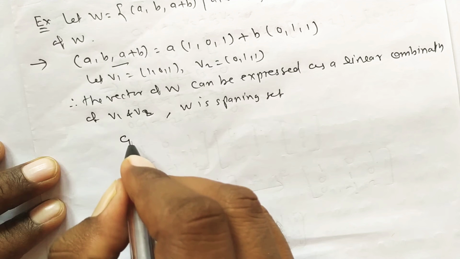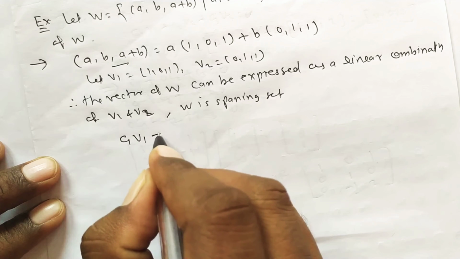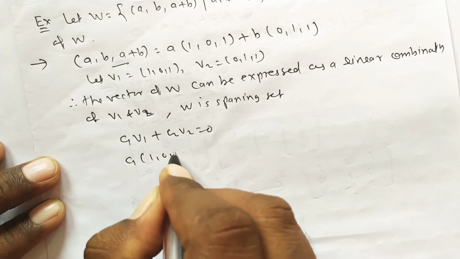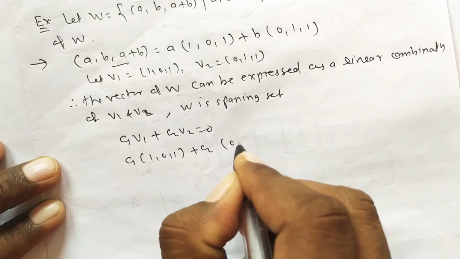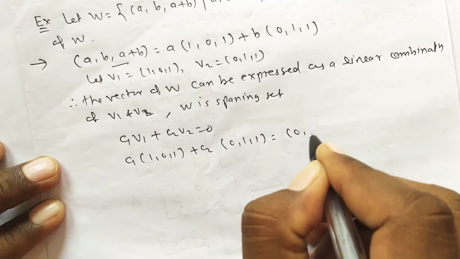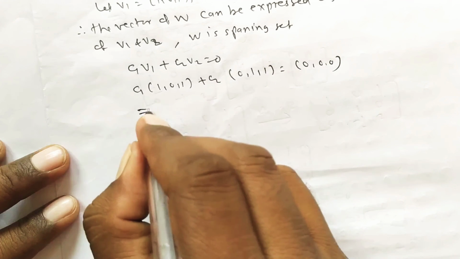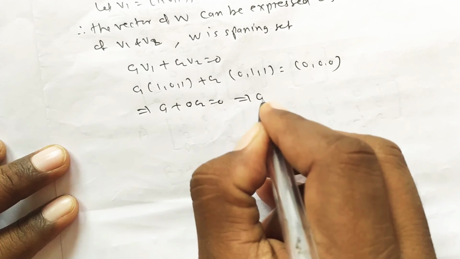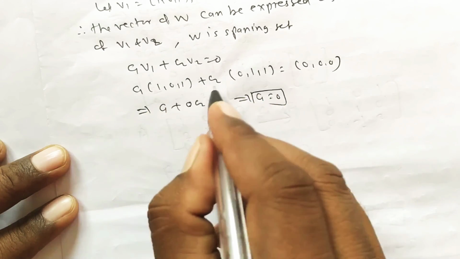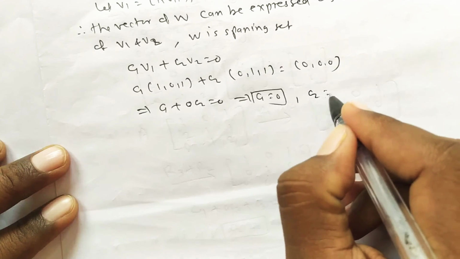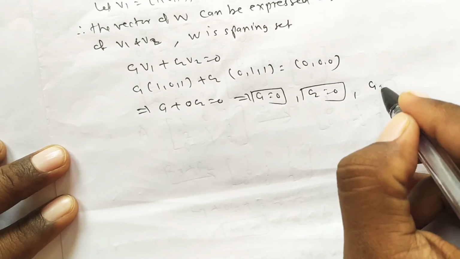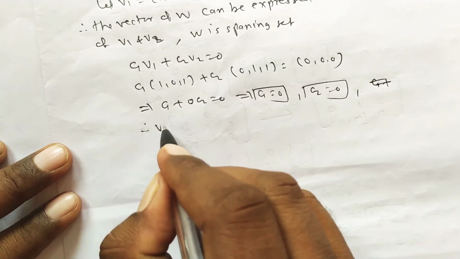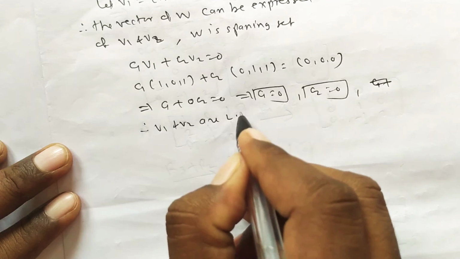So how do we check that? For two vectors, say there exist two scalars c1 and c2 such that c1 v1 plus c2 v2 equal to 0. So c1 into (1, 0, 1) plus c2 into (0, 1, 1) equal to (0, 0, 0). So using this we can write c1 plus 0 c2 equal to 0, which means c1 directly gives 0, then c2 equal to 0 also we get directly. So c2 equal to 0, c1 equal to 0, and therefore v1 and v2 are linearly independent.